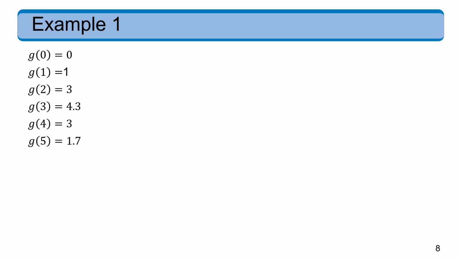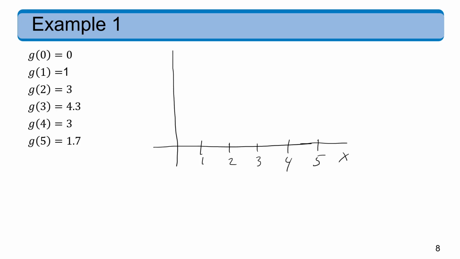I've copied here our results from the previous slide, and now we're asked to create a graph of G. So I start by making my x and y axes. Notice my x values go from 0 to 5, so I'll mark those off. And my y values go from 0 to 4.3, so let's go up to 5 on the y-axis.